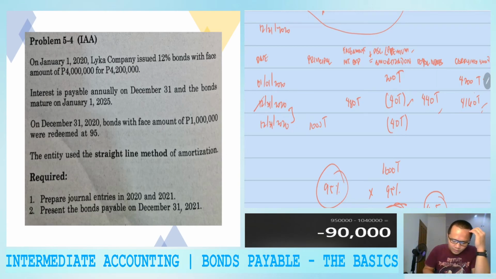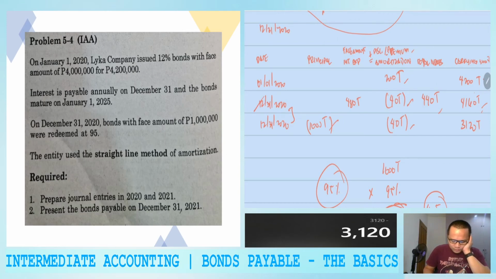Minus 1 million because yun nga, may payment na tayo na 1 million. Minus the 40. So, 4,160 minus 1 million redeem minus the tinanggal natin dito. So, we have 3,120,000.